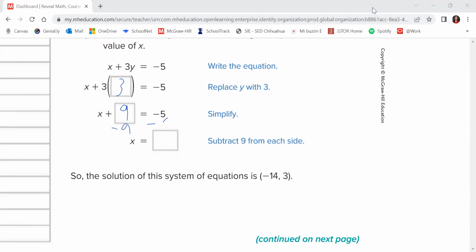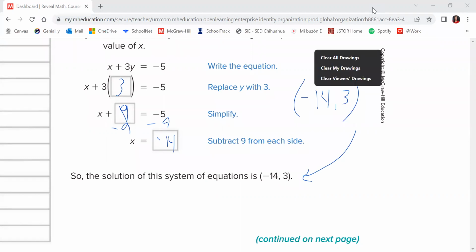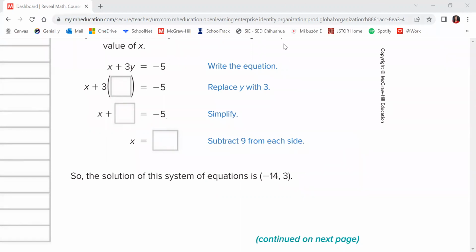Now we subtract 9 from both sides, right? x is equal to -14. So my solution to the system of equations would be -14, 3. That will be my answer, right? Go ahead and pause the video so you can finish the check on the next page.